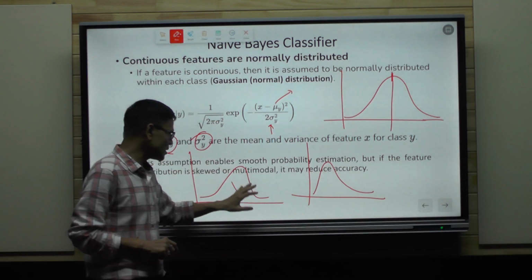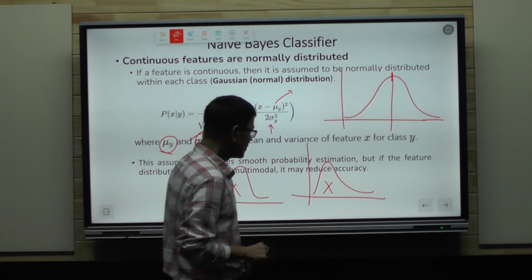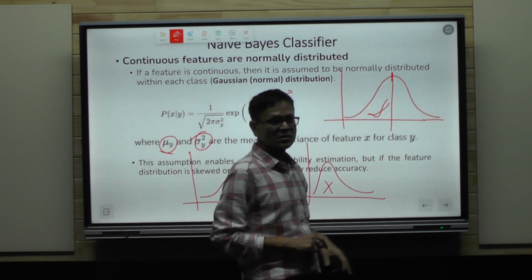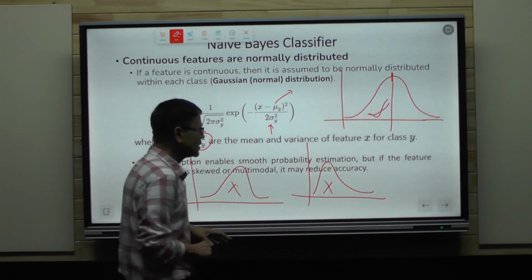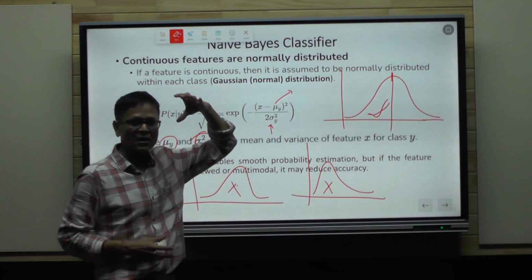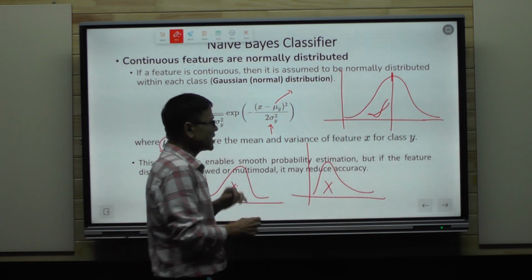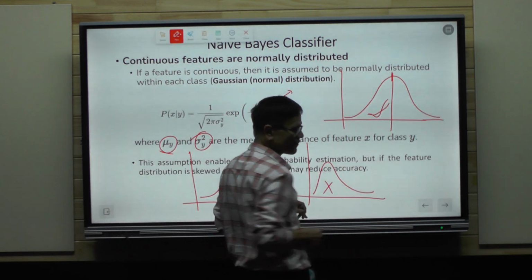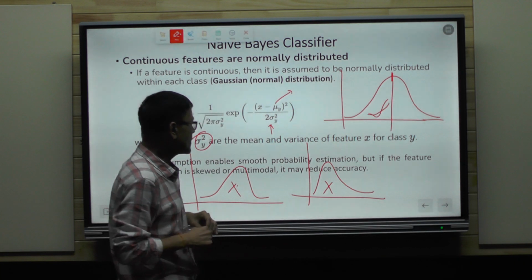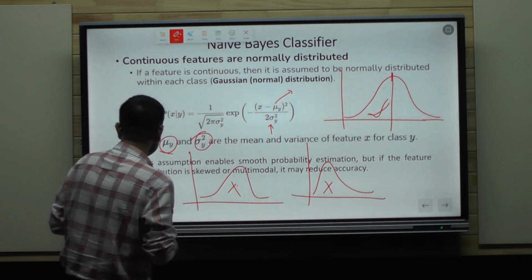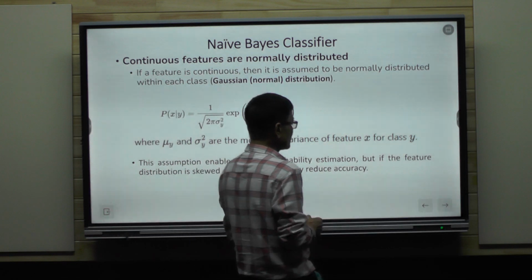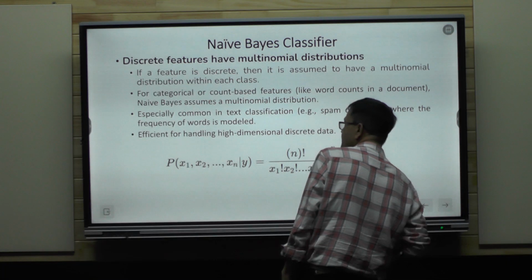So this is not needed. We need this type of distribution of the features, that means all the values of that particular feature try to form this curve. So this is assumption number 1.